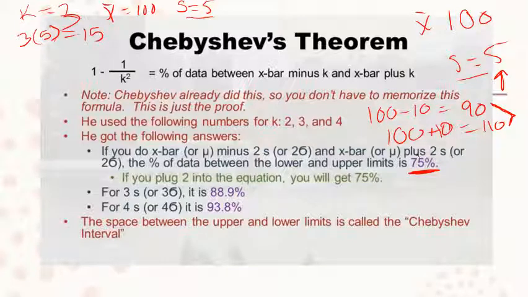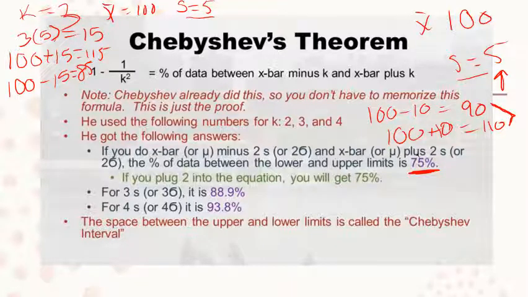So 15 is what we add and subtract to the 100 to figure out our upper and lower limits. 100 plus 15 is 115, that's your upper limit, and 100 minus 15 is 85, your lower limit.